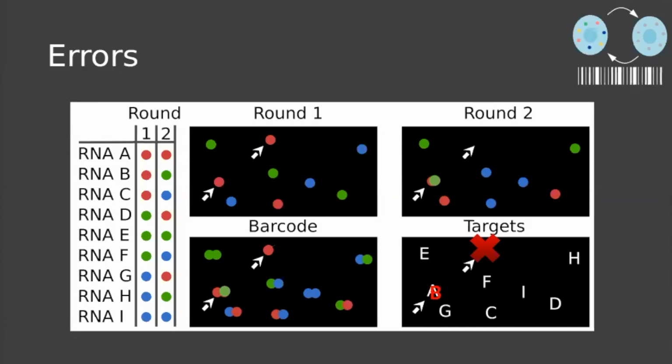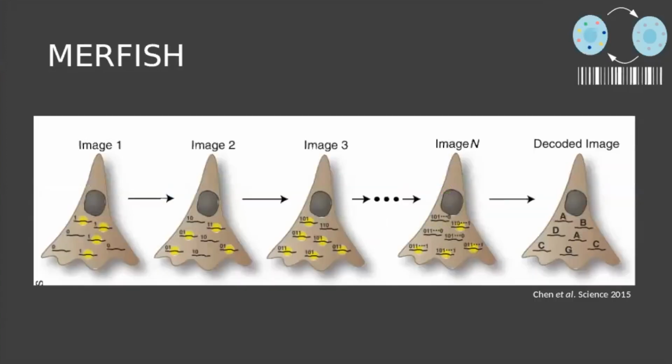And to deal with this kind of error, Xiaowei Zhuang came up with a method called MERFISH, which is a multiplexed error-robust FISH. What they do is they have a sparser barcode with some nice tricks. For every target, they design a binary code, like 1s and 0s.